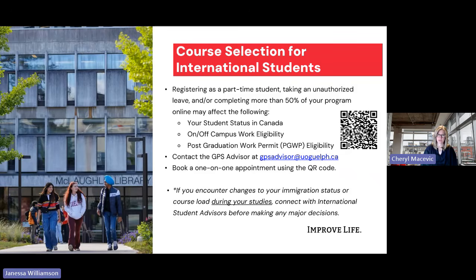When it comes to course selection and picking your courses, we recommend that you adhere to the full-time load, which, by definition, for an international student would be 1.5 credits and higher. Some students may end up taking the 2.5 credits, which would be the academic full-time load.